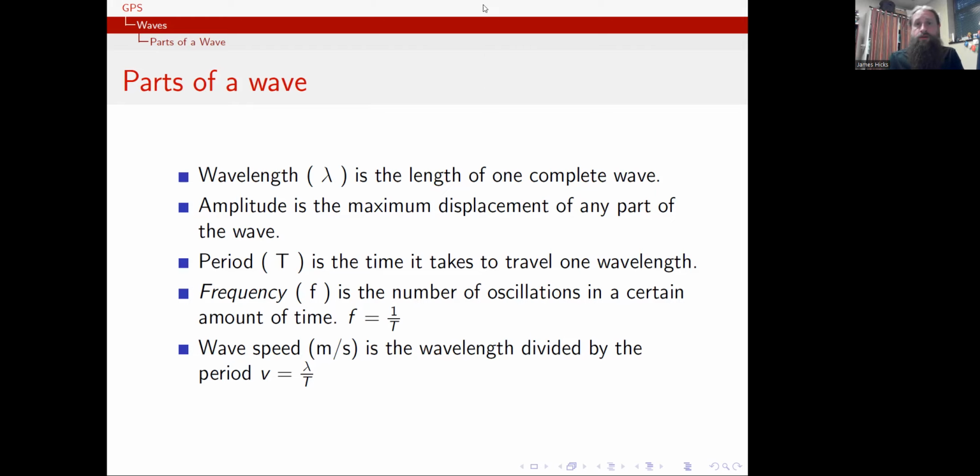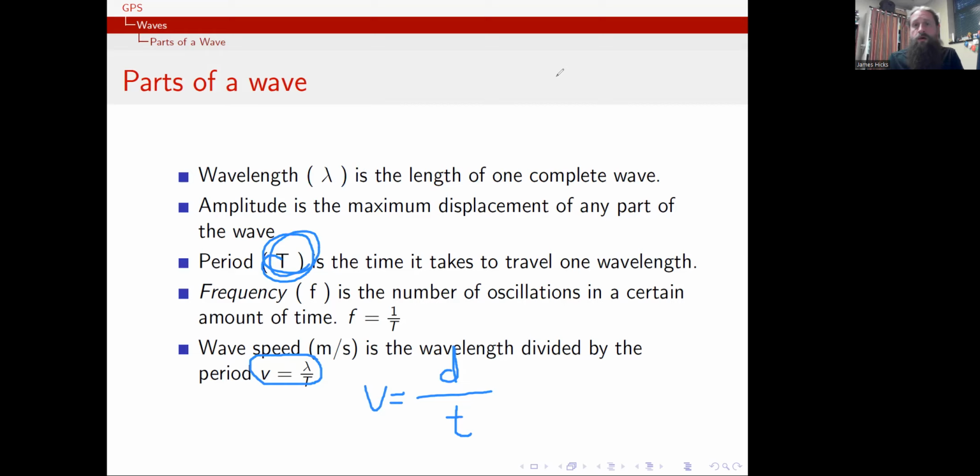Now, these come together, and this is kind of the important part. This equation here is just an example of doing speed. Speed is what? Distance divided by time, right? What's distance? It's wavelength. What's time? It's period.